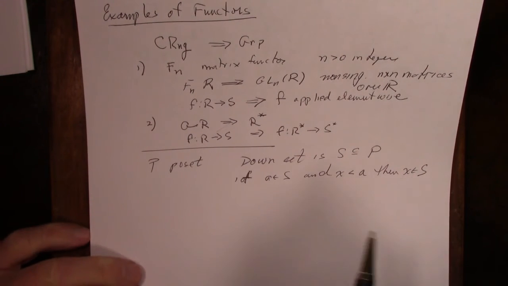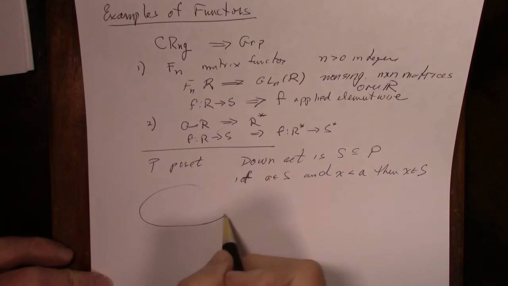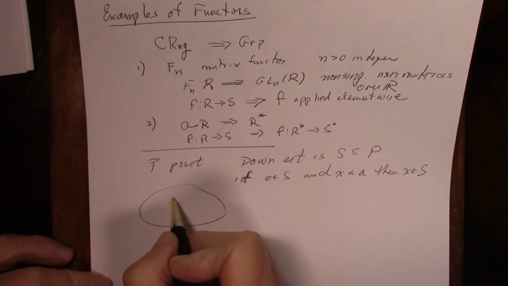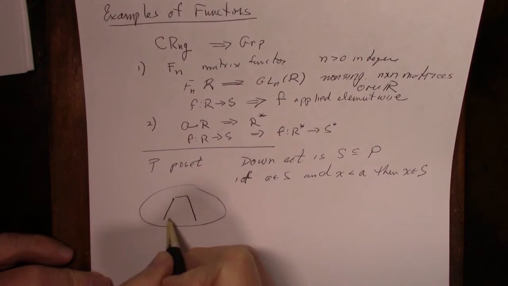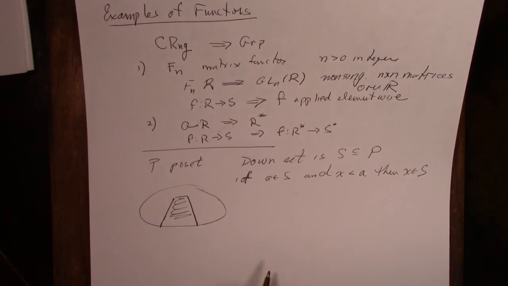When we're drawing pictures of posets, we sometimes draw a down set that looks kind of like that. So everything in here is part of the down set.